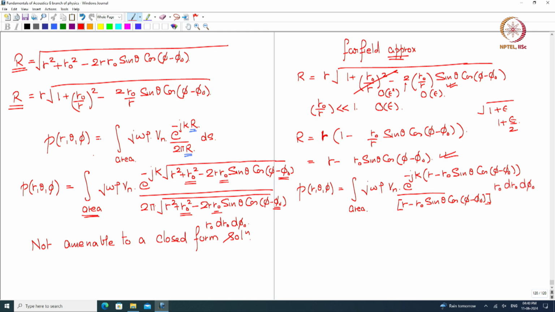Now in the denominator, r and r0 are linearly combined.